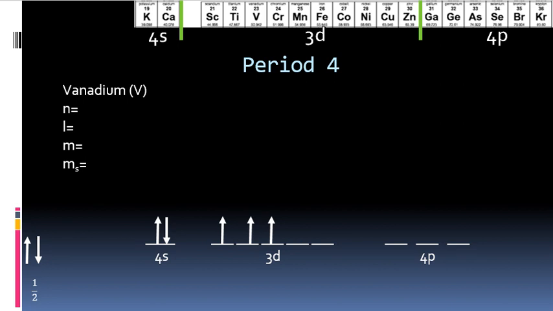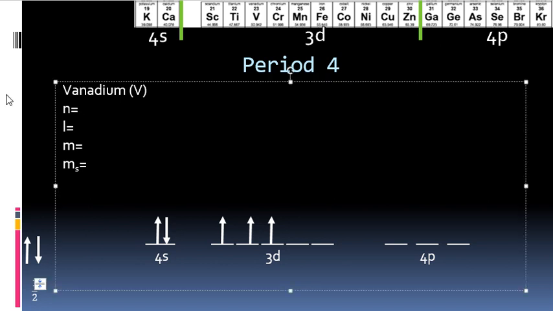Now, to describe the 4 quantum numbers for that final 3d electron, well, for any d electron, the principal quantum number is going to be the period number minus 1. For period 4, minus 1 would be 3. L is going to equal 2, since L equals 0 for an s-type electron, L equals 1 for a p electron, and L equals 2 always for a d electron.